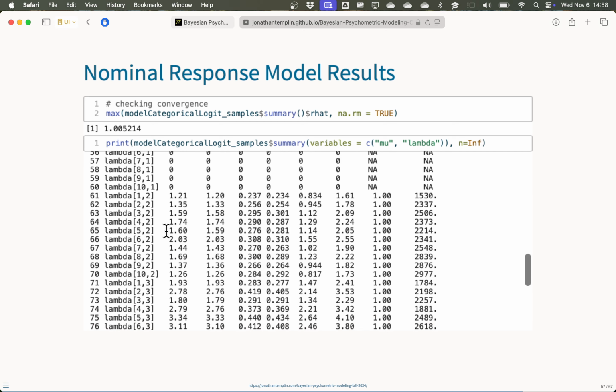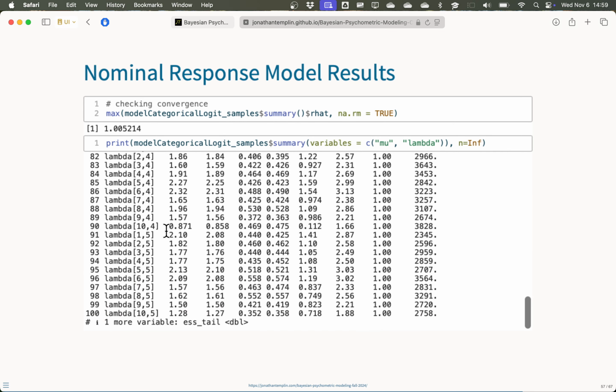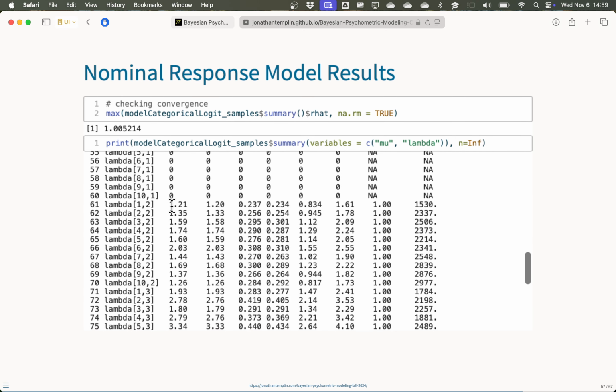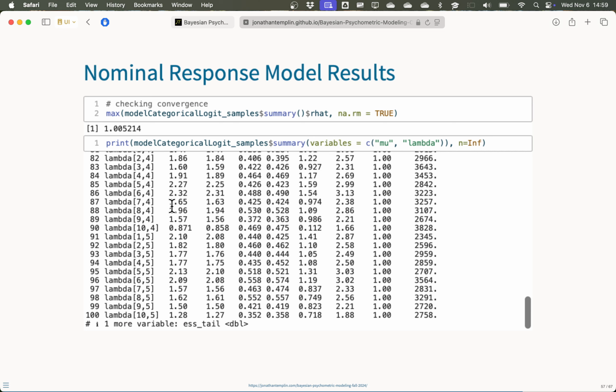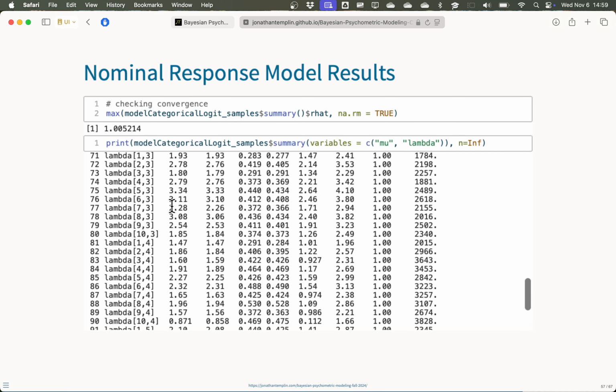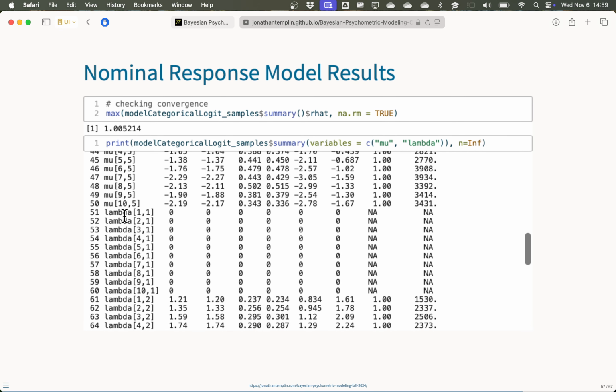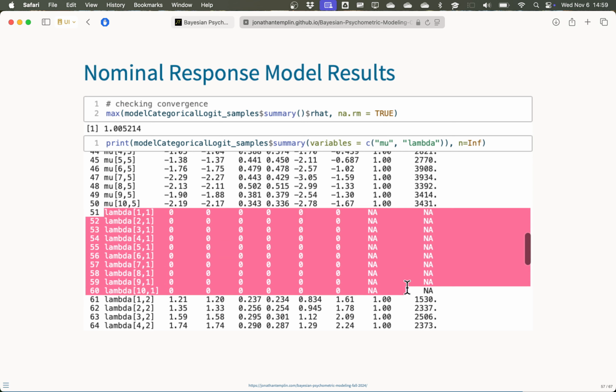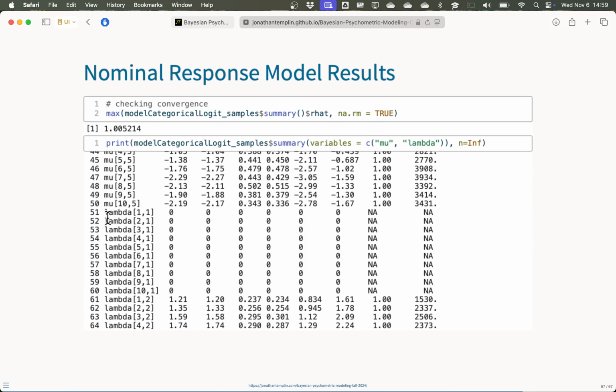We have a similar feature for lambda. Now you'll note that the lambda parameters, though, are all positive. It turns out why that is the case is, if you remember, our first category was the category where everybody was strongly disagree. So it's the most frequently picked category.